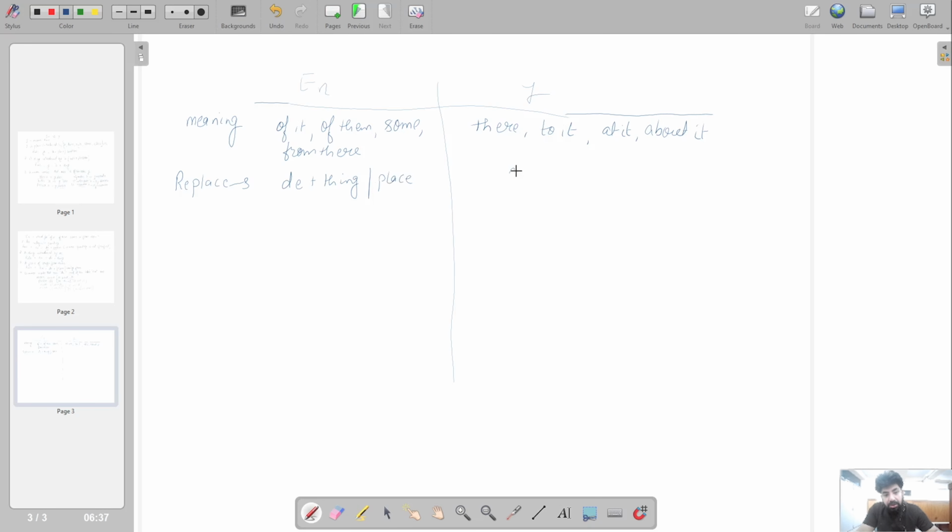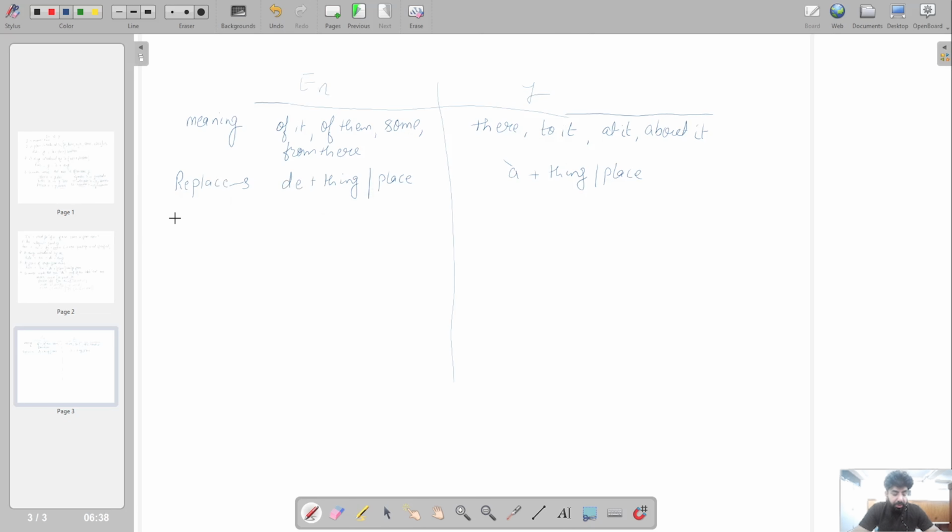Similarly, if I have à and I have to write about a thing or a place, then I can use y. So if some place is introduced by à, I can use y there, and if we are talking about some place with de, then I can use en there.